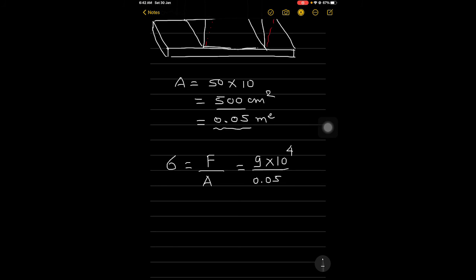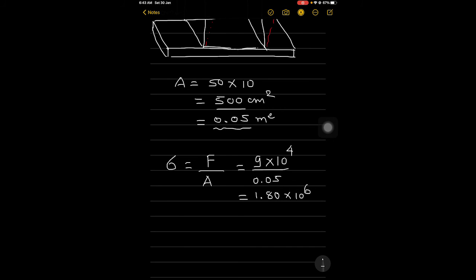So it would be ultimately about 1.80 into 10 raised to 6. So it comes out to be 1.80 into 10 to the power 6. Now this is the value of the stress applied on it.